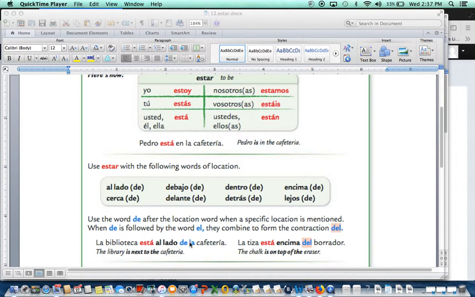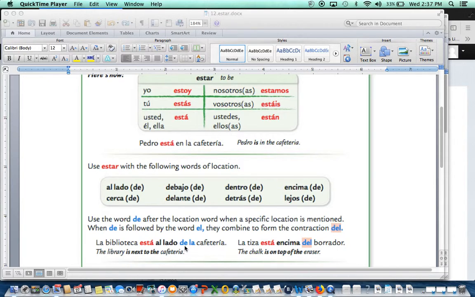And then when you mention the other place, because you need to mention another place, you need to have la or lo or las or el, right? Because it's the article. So in Spanish, you have to use an article just like in English, like here, see? Next to the, you have to have the, all right?